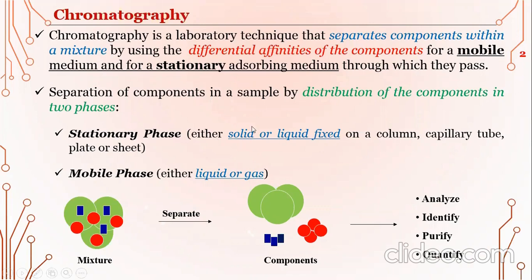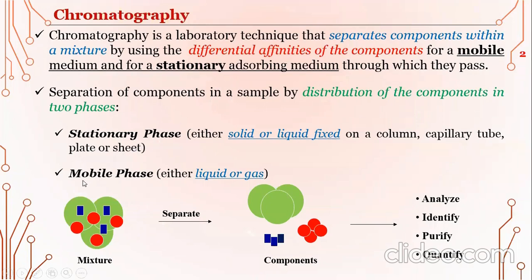The solid or liquid stationary phase is fixed on a column or a capillary tube or a plate or a sheet. Actually, they are supporting material. They support the solid or liquid that is used as a stationary phase.